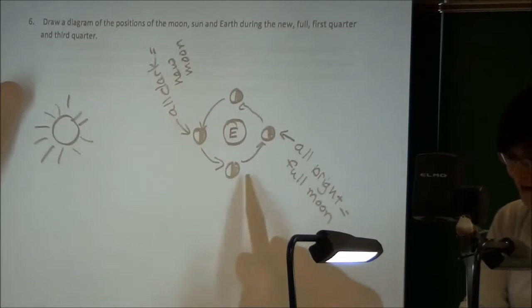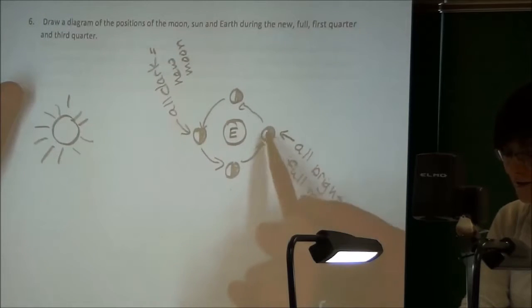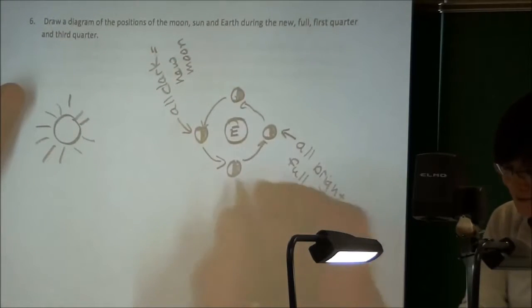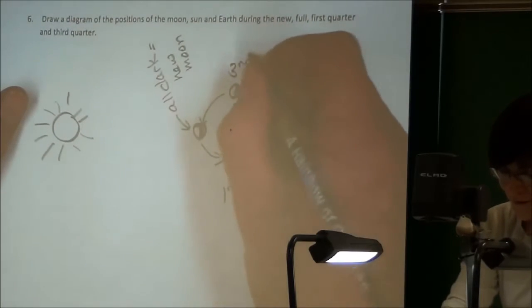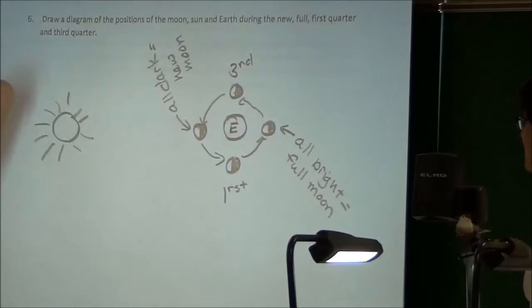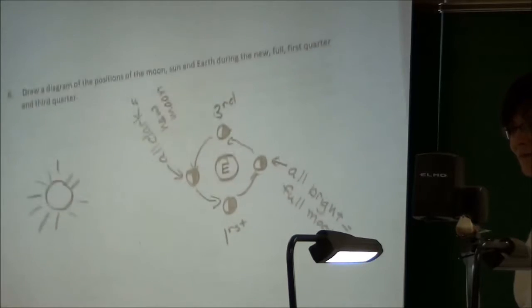It's the first one after the new, then 1, 2, third moon, right? So this is the first, and this is the third. Because in each one of these we see half the moon lit up. Make sense? Awesome.